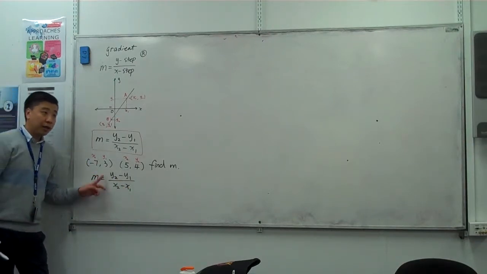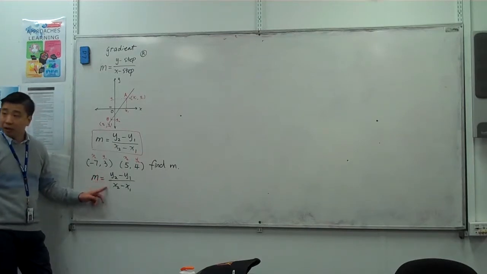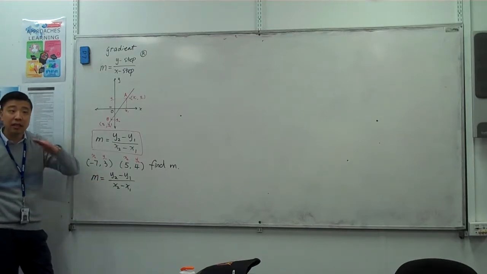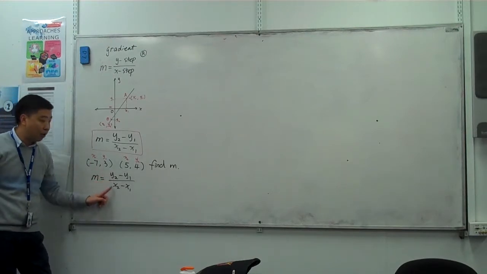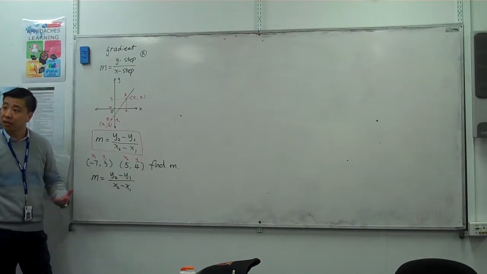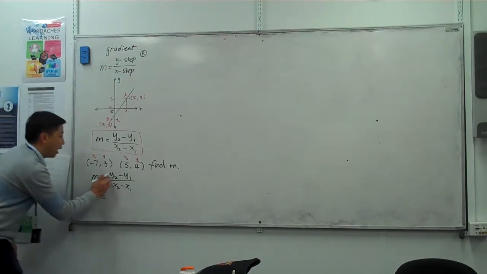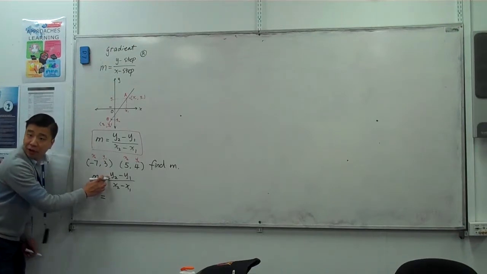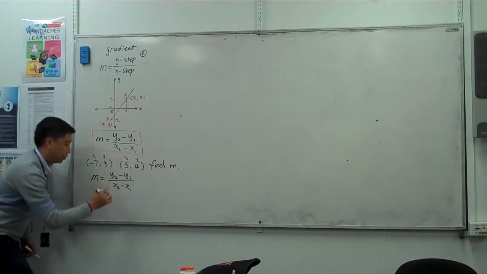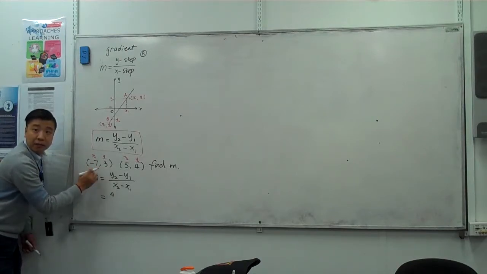Like I said, don't mechanically remember that. Please think about this is the distance, this is the steps. Y step over x step. It's still y step over x step, just different writing. Now let's substitute. What is the value of y2? 4. What is the value of y1? 3.